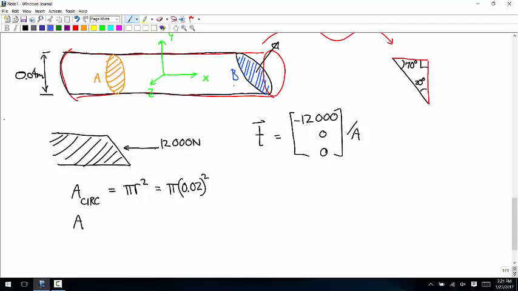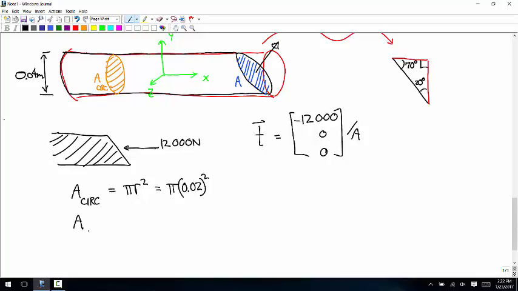Okay, so here's the relationship you need. Let me call this area circle, and I'll call this A, just the area that we want.